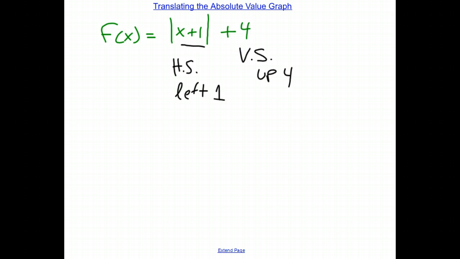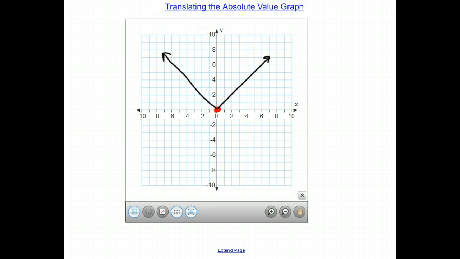Whenever we have a graph, and we have translations being done to the graph, really the one point we're concerned about moving around is the vertex point. In the parent function y equals the absolute value of x, the vertex is at 0, 0. Now we're dealing with f of x equals the absolute value of x plus 1 plus 4.